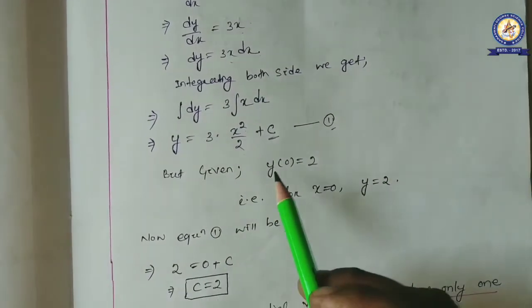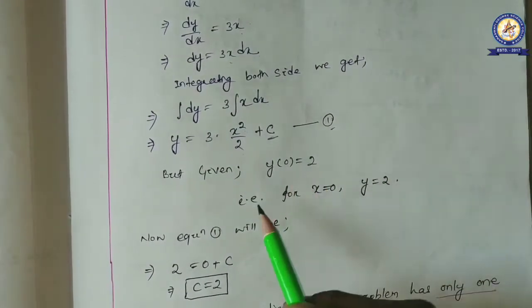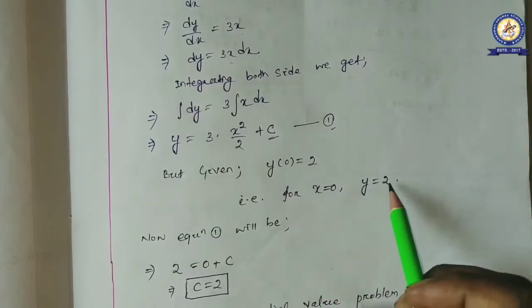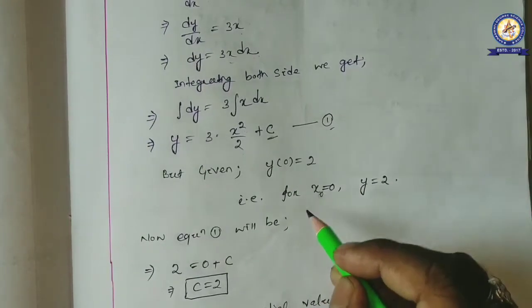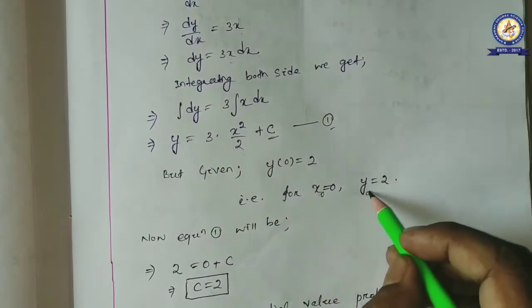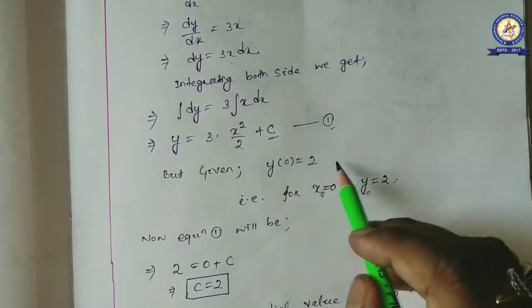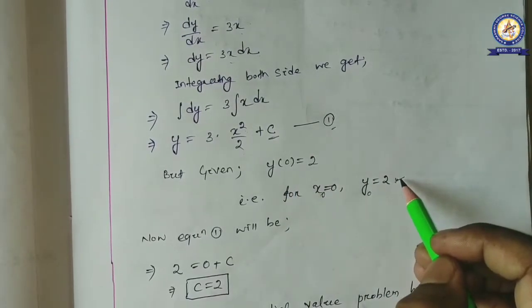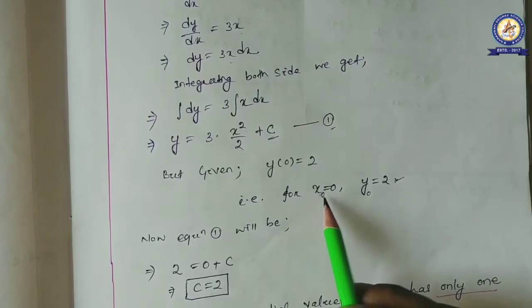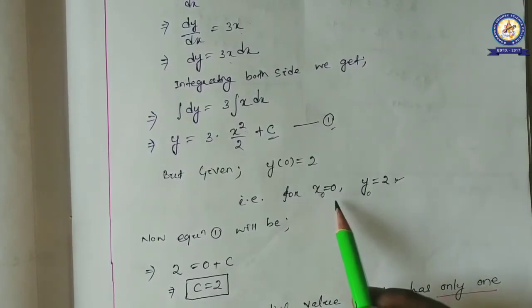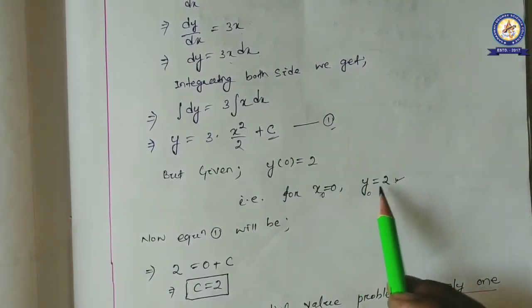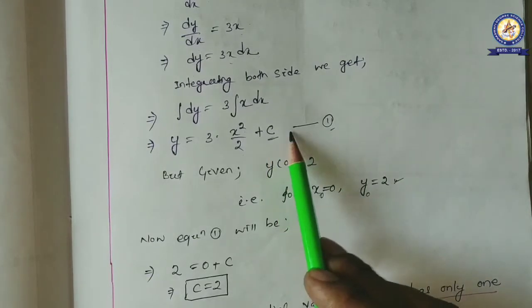Here it is given that y(0) equal to 2, that means for x equal to 0, y equal to 2, or you can consider x0 equal to 0, y0 equal to 2. So these are the initial values that have been given. We have to substitute these values in our equation number 1.